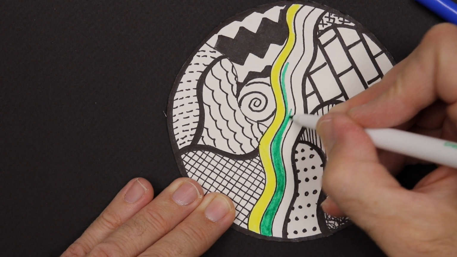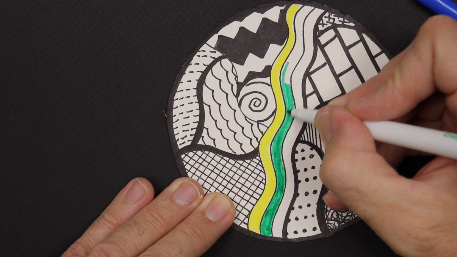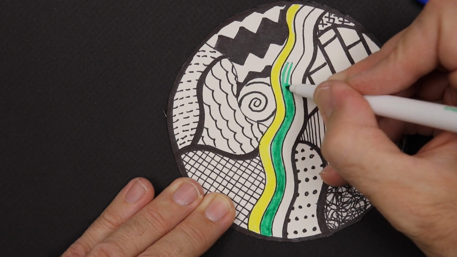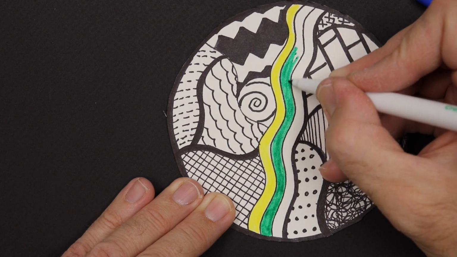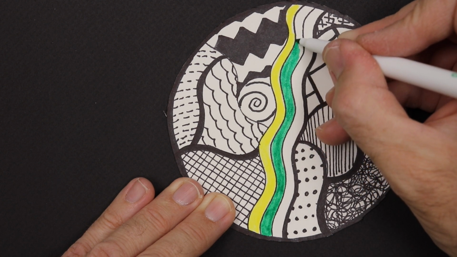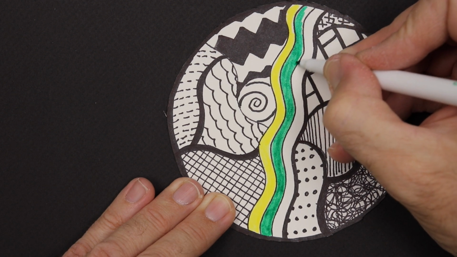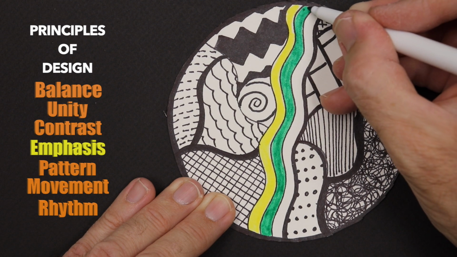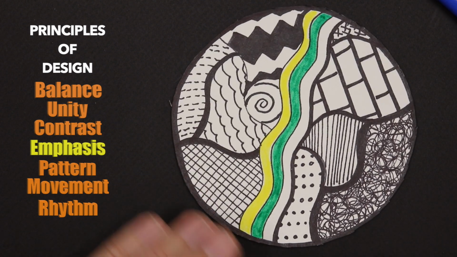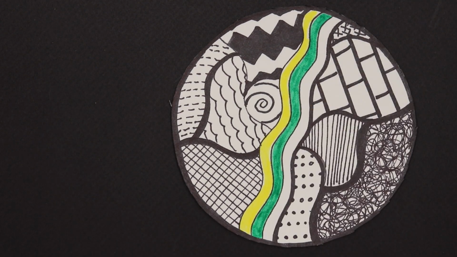And then I just continue to lay color down in an even stroke, trying to cover all the white in that section. What this does is give a little bit of color emphasis to our project. The color's not everywhere. It's just in a certain spot.